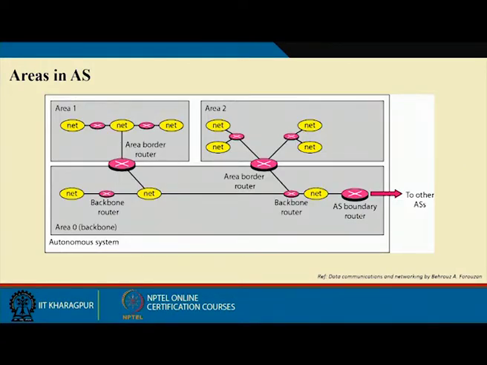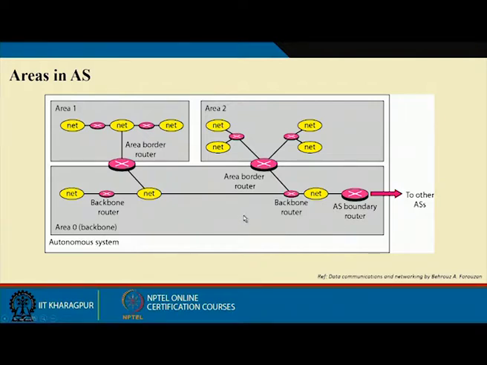If we try to see, say there are area 1, area 2 and a backbone, area 0, and there are different routers: area border routers and backbone routers. One router in this backbone is designated as the AS boundary router, which shares information, based on the policy of the autonomous system, with the other autonomous systems.